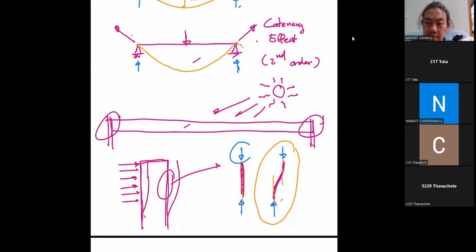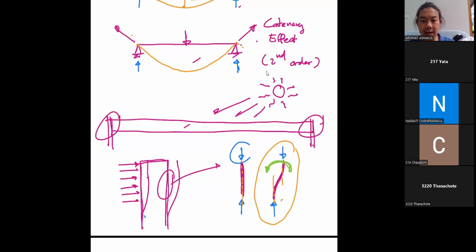Is that equilibrium? No, it's not. That means you need to have the moment to balance this. So there will be additional moment added to your column.